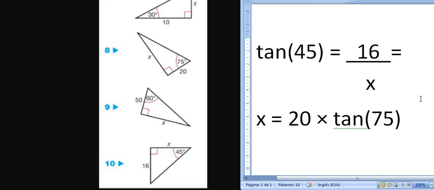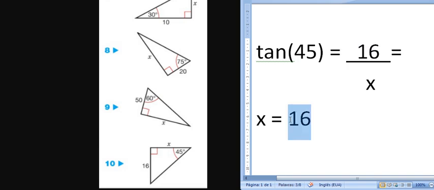Then you're going to have another expression at the end. x is going to pass to this side, and the tangent of 45 is going to pass dividing to this side.